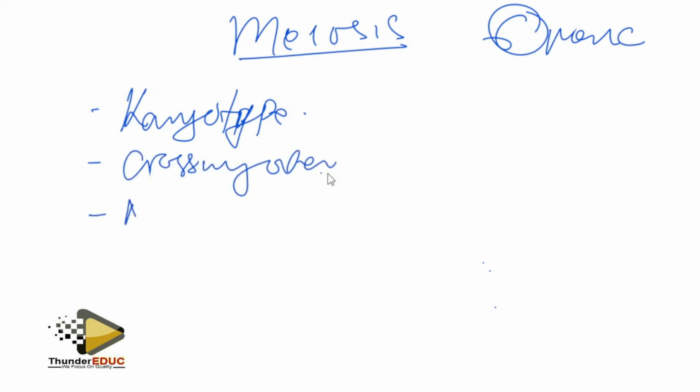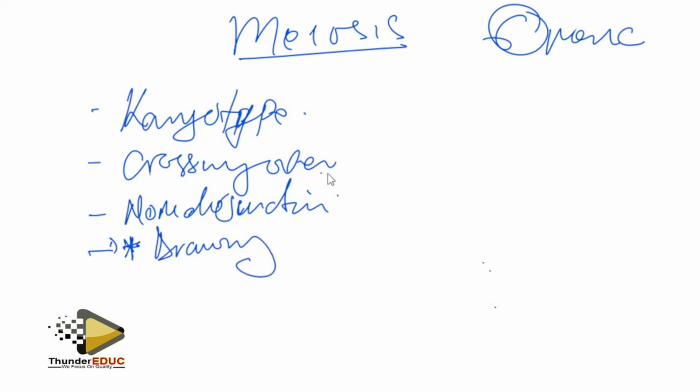You need to know how to describe non-disjunction. Now, this one is a star, it is a drawing: the phase before, the phase after, and the phase at this side. So you have to know that.